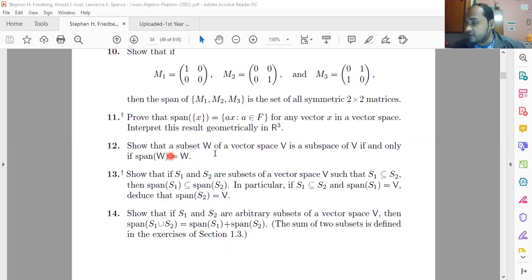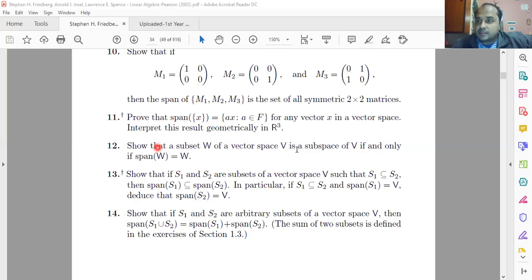If I ask you whether a non-empty set is a subspace of vector space V, then we actually check three properties: that it contains the zero vector, that if two vectors x and y are present in the set then x plus y is also present in the set, and that if x is present in S and a scalar is given, then their product is also present in S. If you know this result, then you don't have to use all these properties.